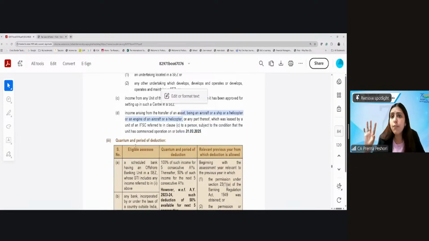Right, so this is basically for the unit of SEZ, which is a bank, or the units established in IFSC, which are doing the business over there or leasing the aircraft or ship or helicopter.